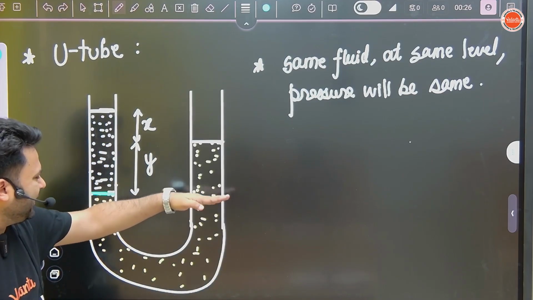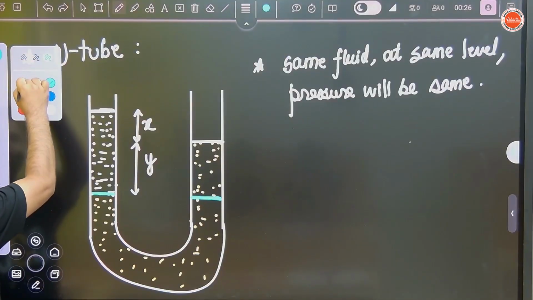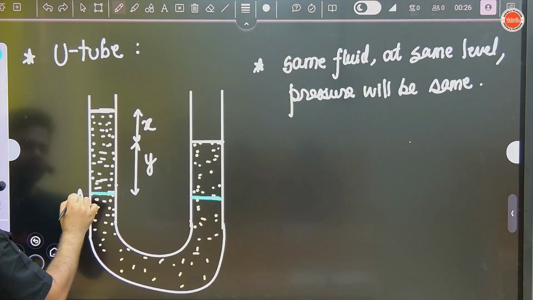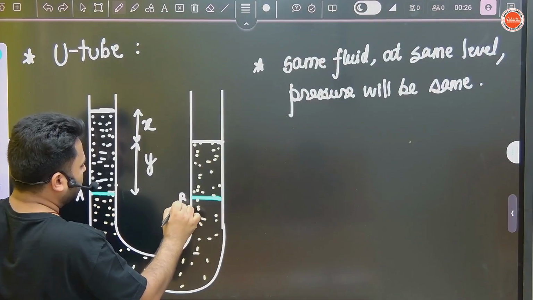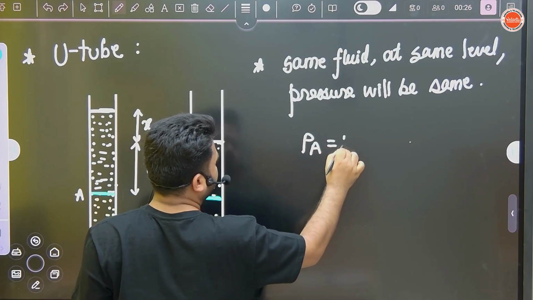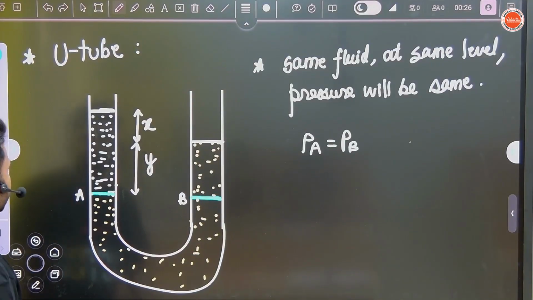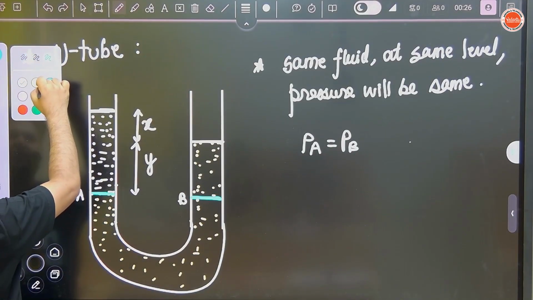This is also oil, and they are at the same level. Suppose this point is A and this point is B. Then we can write pressure at point A equals pressure at point B.